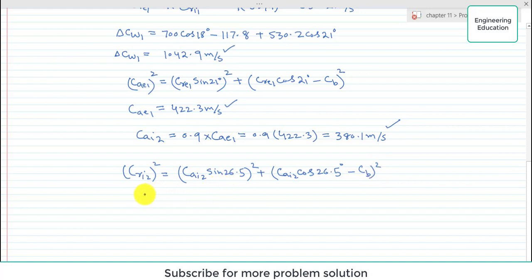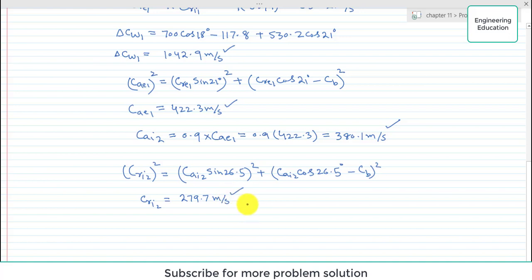So solving it for CRI2, putting the values, we get the value of CRI2 and it comes out 279.7 meter per second.